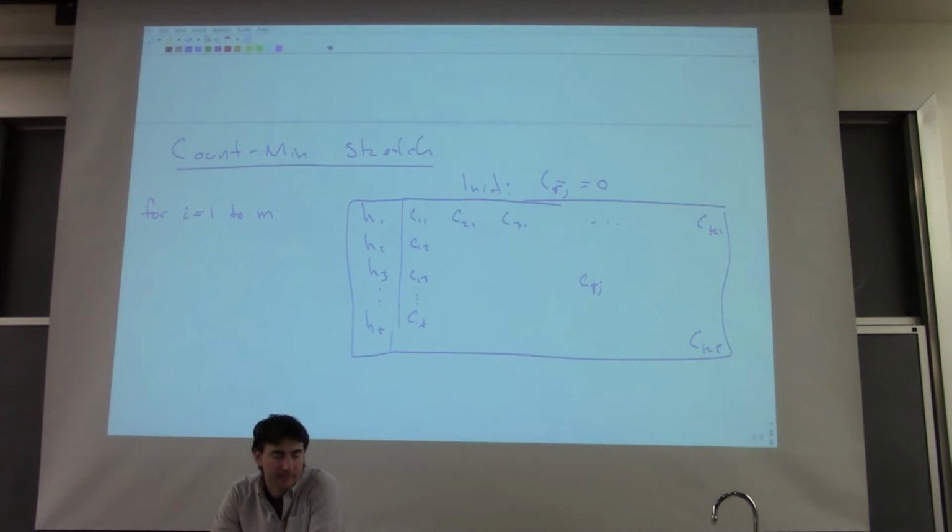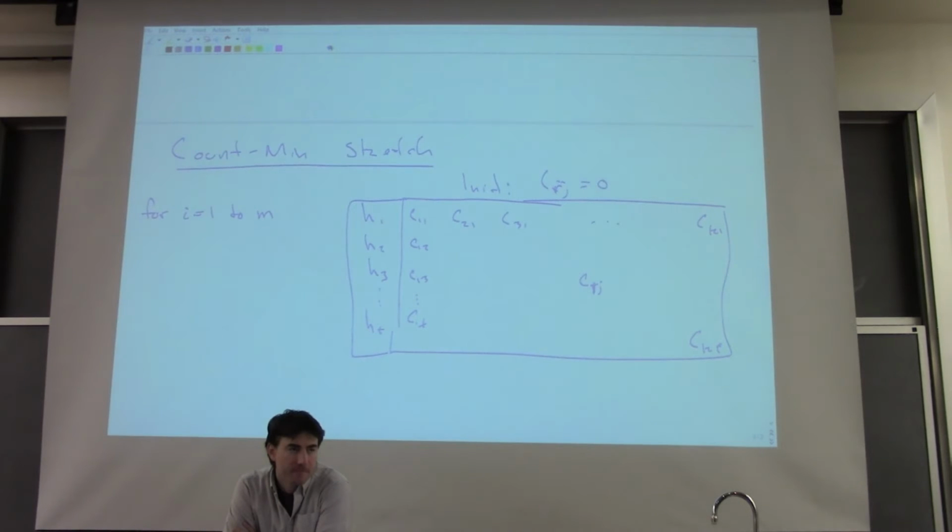And then what should I do with each a_i, each element of the stream? Hash. I hash it. Good. Which hash function should I use? Maybe all. Use all of them.